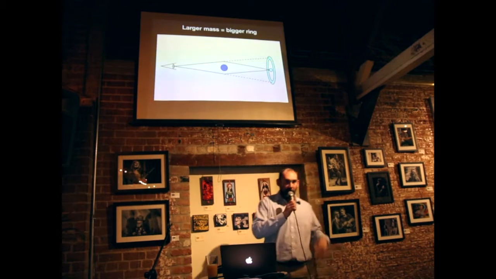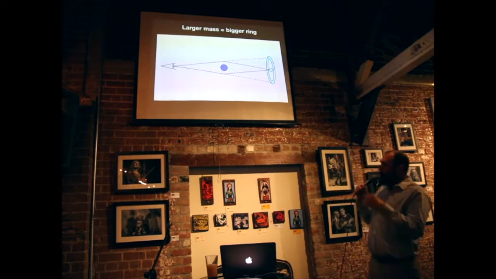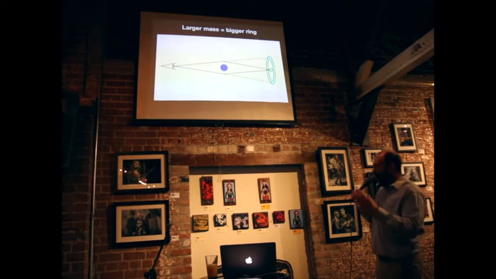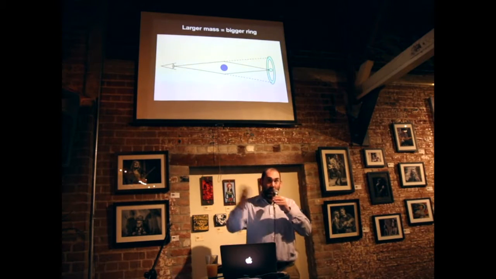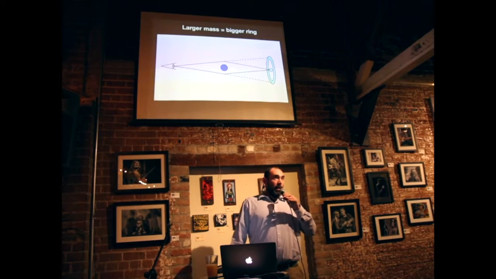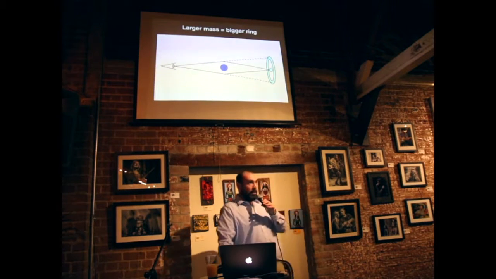That's really the core of the utility of this very interesting and beautiful phenomenon for doing quantitative astrophysics. It's a way of measuring masses, and masses are very hard to measure in astronomy generally. But angles, you can measure the angular size of these rings. We're very good at measuring angles.